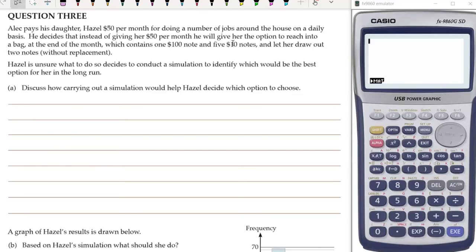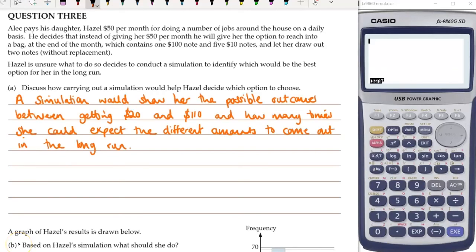So let's put a couple of points down. A simulation would show her all the possible outcomes and how many times she could expect those different amounts to come out in the long run. So that means she'd be able to see the variation in the different outcomes and the risk associated with them.